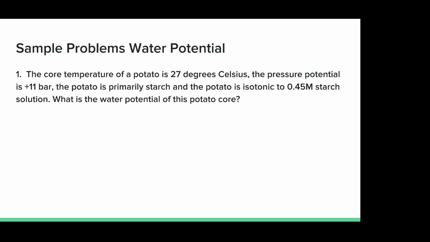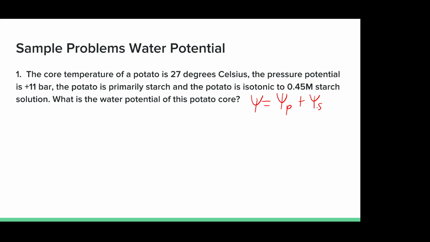So sample problem. The core temperature of a potato is 27 degrees Celsius. The pressure potential is 11 bar. The potato is primarily starch, and the cells of the potato are isotonic to a 0.45 starch solution. So what is the water potential of this potato core? Remember that water potential is given by the formula of pressure potential plus solute potential.